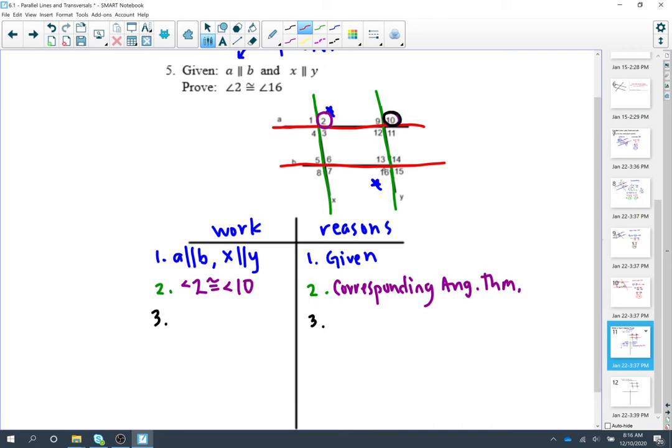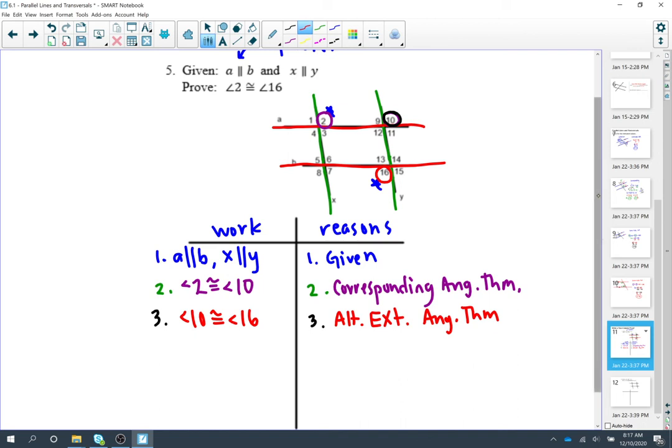That's who I'm trying to get to. So 16, yeah, they're congruent. So I can say angle 10 is congruent to angle 16 because they are alternate exterior angles. So alternate exterior angle theorem.